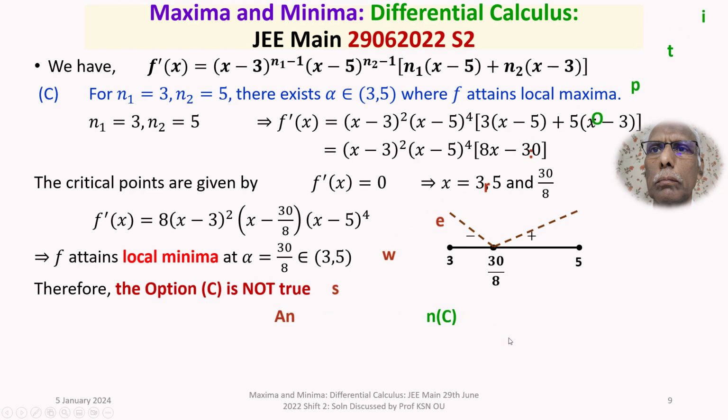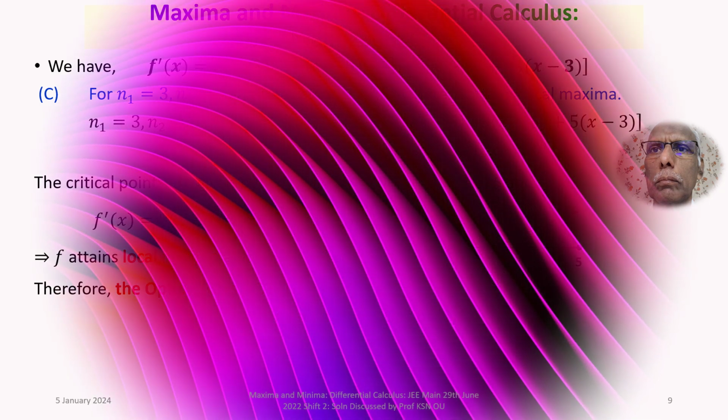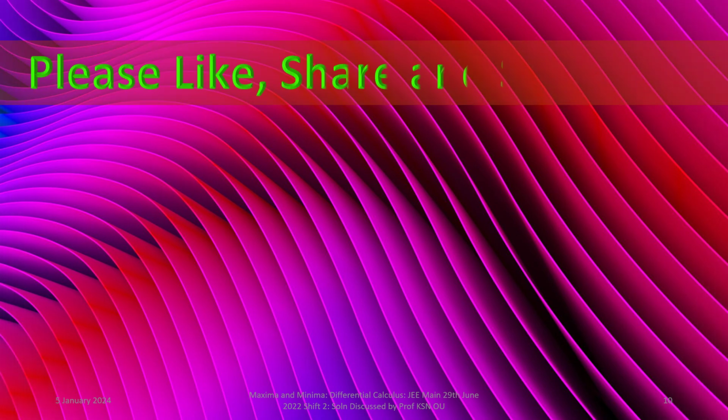So that is the detailed discussion of the solution of this problem from differential calculus, related to the maxima and minima of a given function. It is a little lengthier, but it is a very easy question. I am sure that you have understood the solution, and I wish you all the best. Thank you.